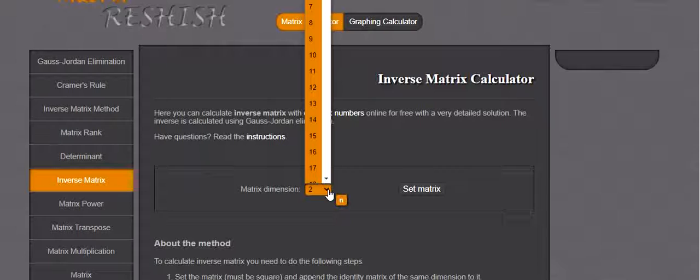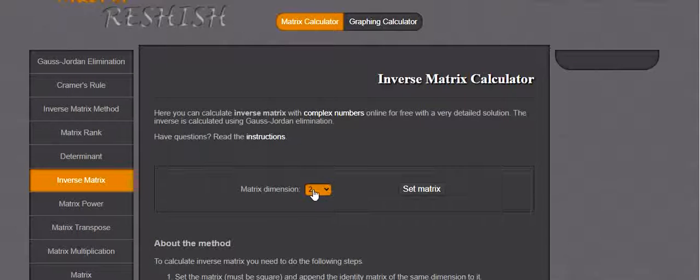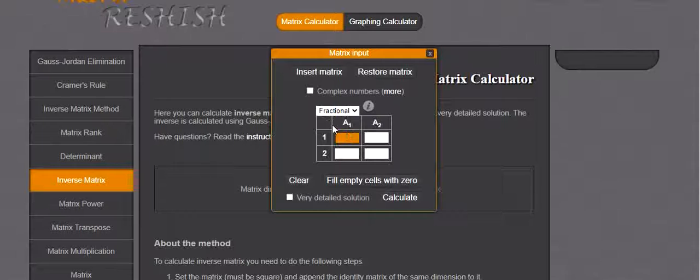You put in the size of your matrix, 2 by 2. Matrices need to be square matrices to have an inverse. Then it tells you to set the matrix up, and let's put in the one we had: 3, 1, 2, and 1.